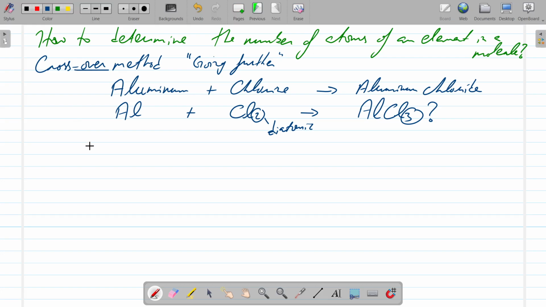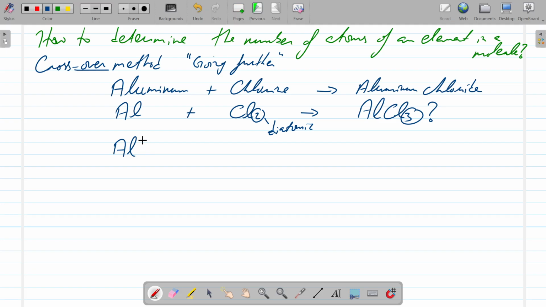The crossover method is basically telling us to look at the oxidation state of the reactants. Aluminum is a group 3 metal, so what would the oxidation state be? It has 3 outermost electrons, so it will be 3.